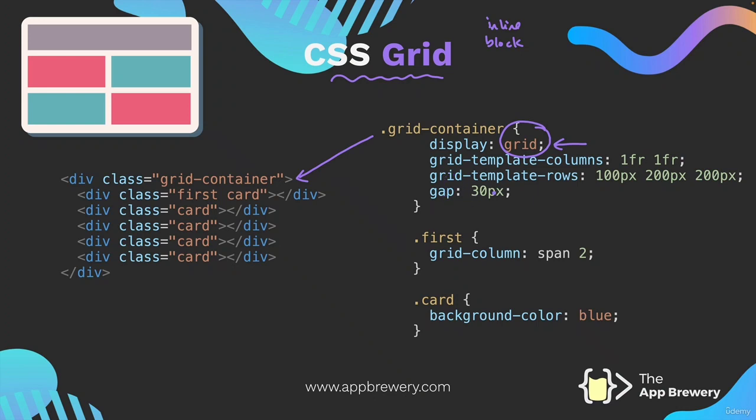And CSS Grid is a pretty simple system where you can define how you want the columns and rows to be laid out. If we go to the next line here, let me talk you through it. So here we're saying that we're going to have some columns in our grid where we're going to have 2 columns. So there are 2 bits here that I've defined, and they're both 1 fraction.